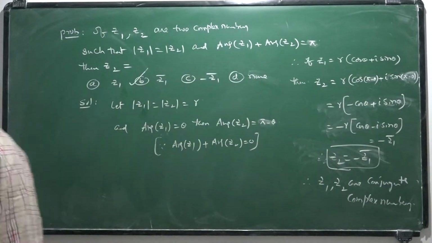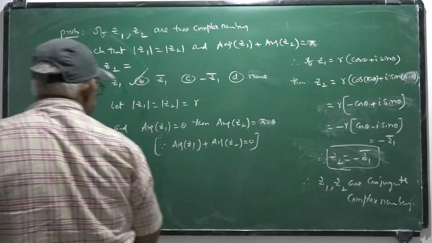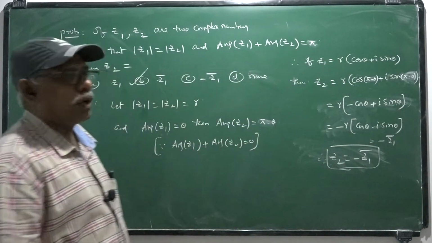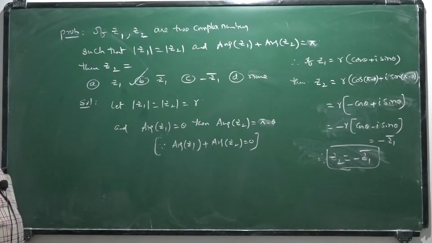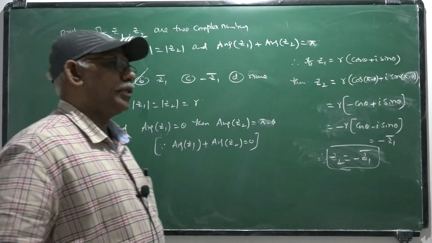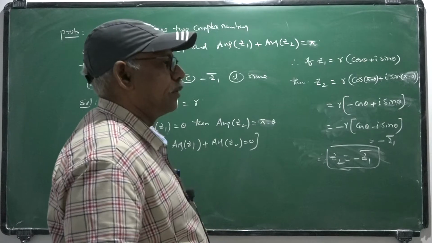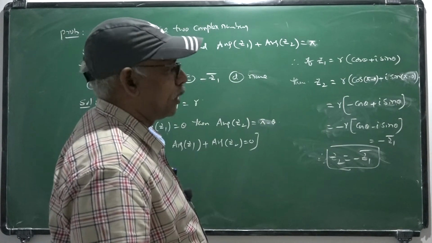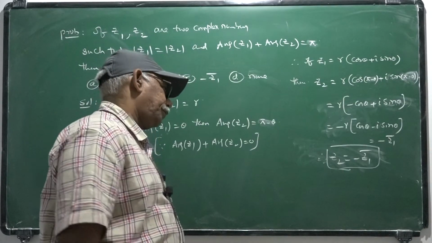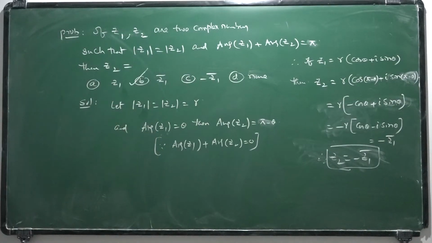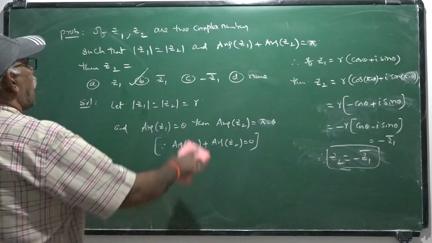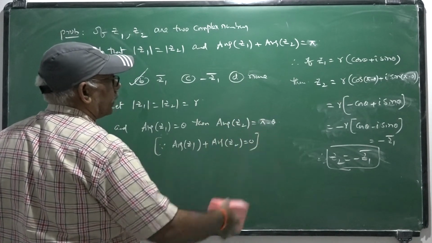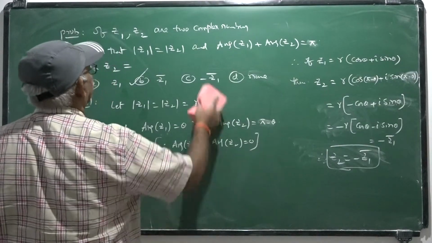So, z1 and z2 follow the relation: z1 equals minus z2 bar, and z2 bar is minus z1.